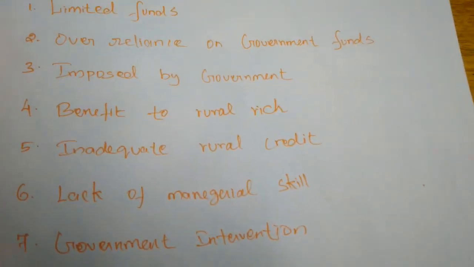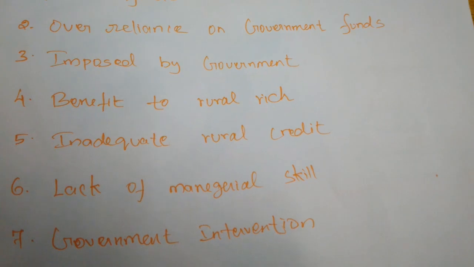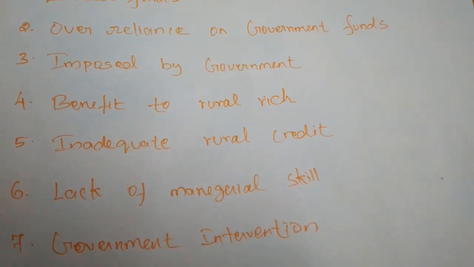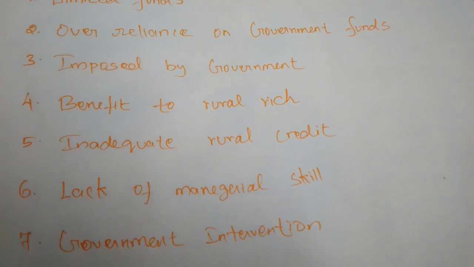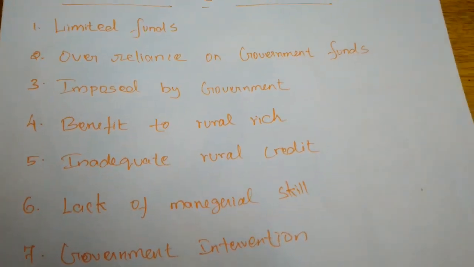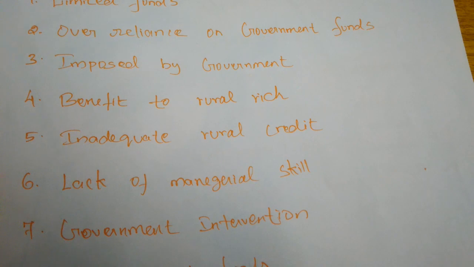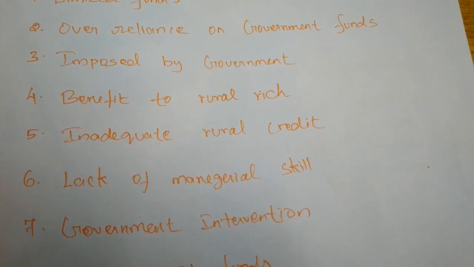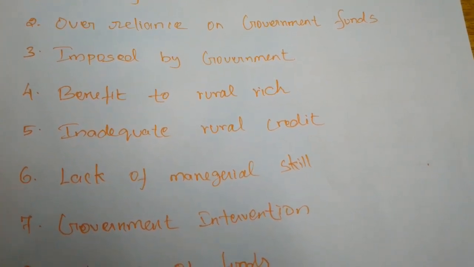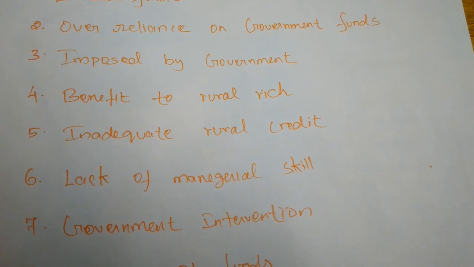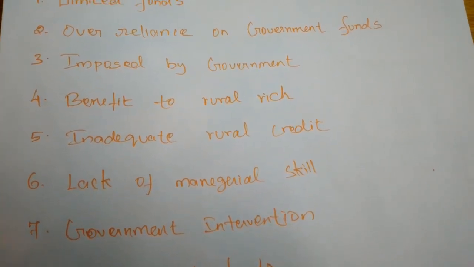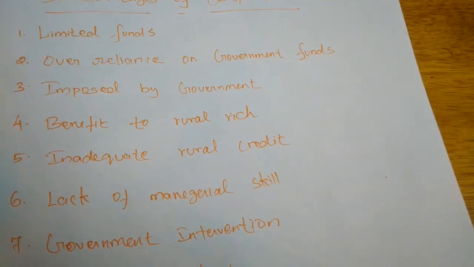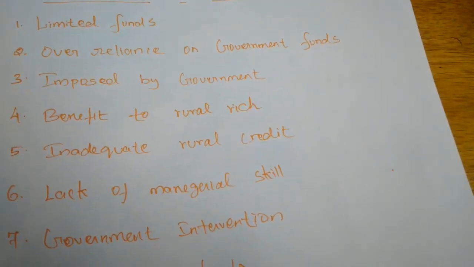Next, benefit to the rural rich. The cooperative has benefited the rural rich and not the rural poor. If you consider any of these organizations, they create two sections of people, the rich people and the poor people. But many of the cooperative organizations are established in the poor rural side only.